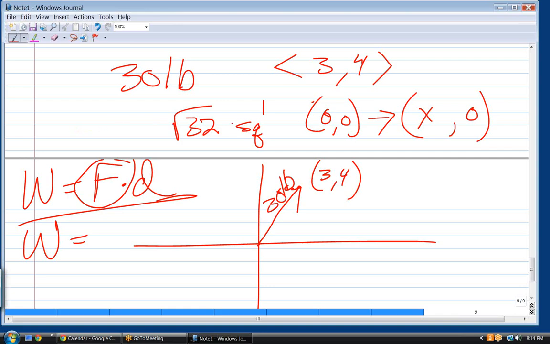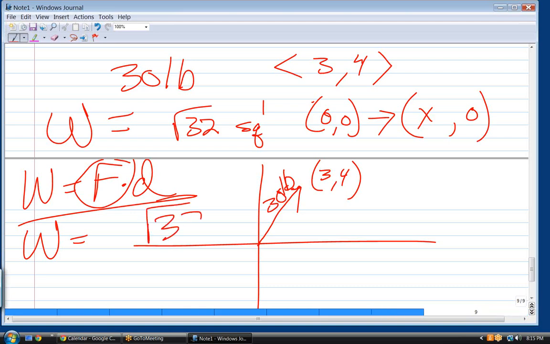What was this that you gave me here? This was the work done? Oh, it moves an object. Oh, yeah, there's the distance. It's square root of 32 feet from 0, 0. Okay, so the distance is square root of 32.